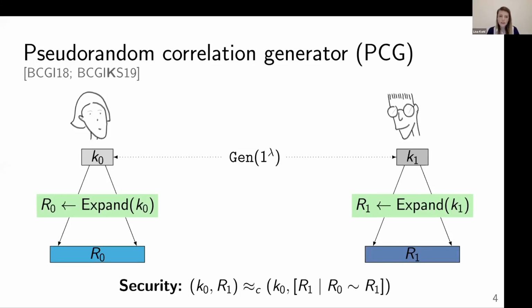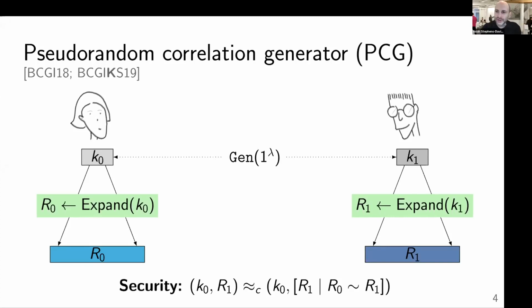So the security experiment, what we want is that it's indistinguishable whether you just take R1 to be the expanded output, or you sample R1 conditioned on being in correlation with R0. So we consider correlations where you can do that. Okay, where you can sample this R1 conditioned on R0 in polynomial time. Yes, exactly. Okay, got it. Okay, thank you.